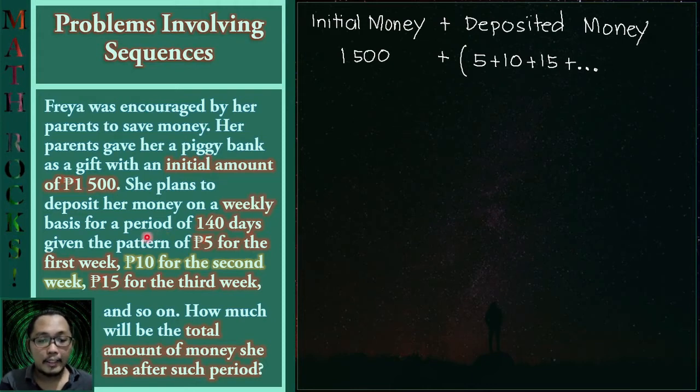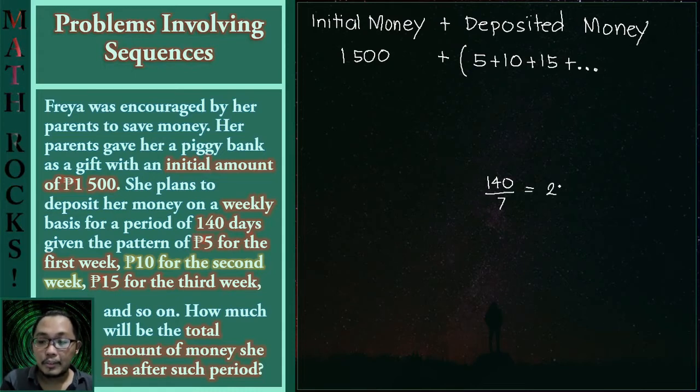It was stated that the deposit will happen for a total period of 140 days on a weekly basis. If we calculate how many weeks there are in 140 days, we can easily get that by dividing 140 by 7. It actually gives us 20 weeks.